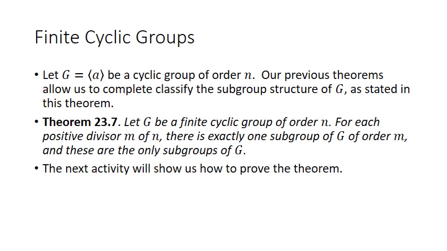For each positive divisor m of n, there is exactly one subgroup of G of order m, and these are the only subgroups of G. So this theorem completely tells us what all of the subgroups of these finite cyclic groups look like. First of all, they are themselves cyclic groups, and their order has to divide the order of the larger group. And so the next activity is going to show us how to prove this.